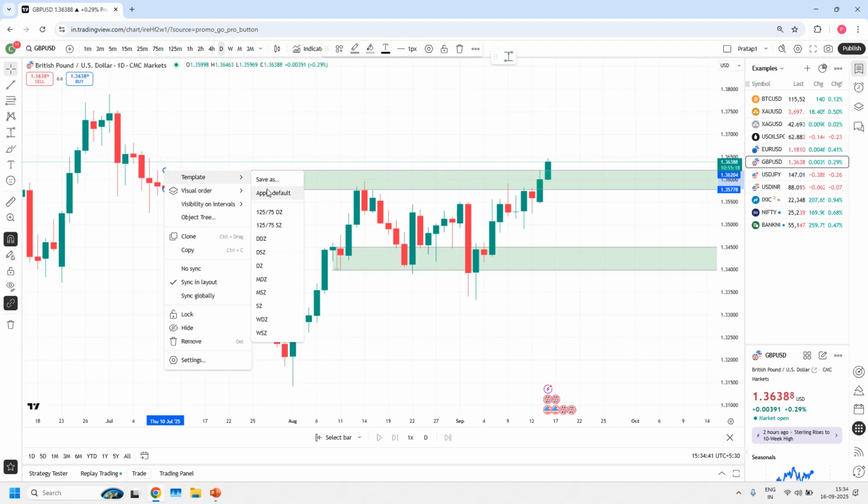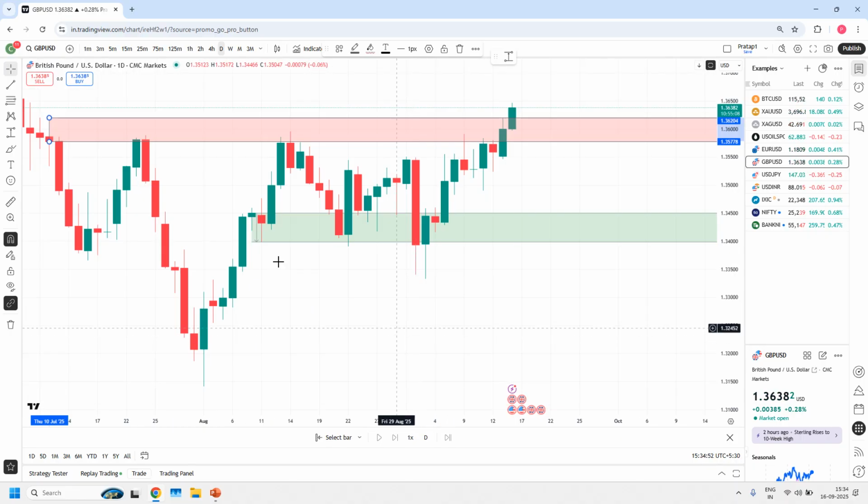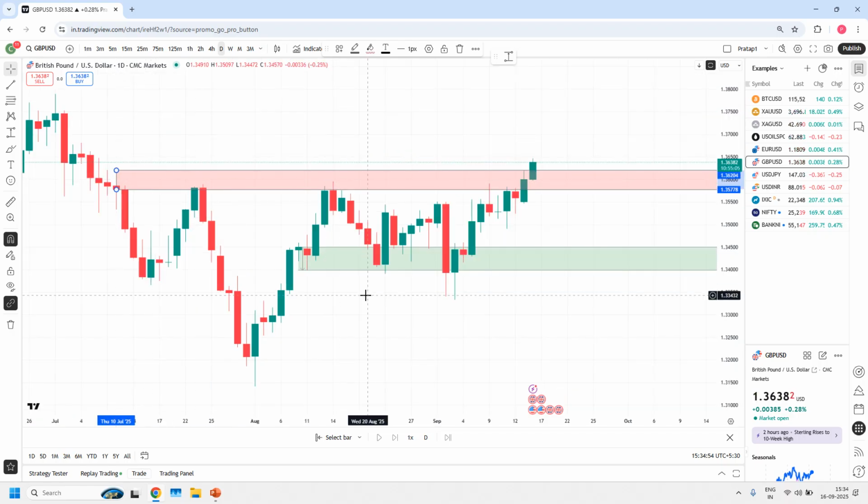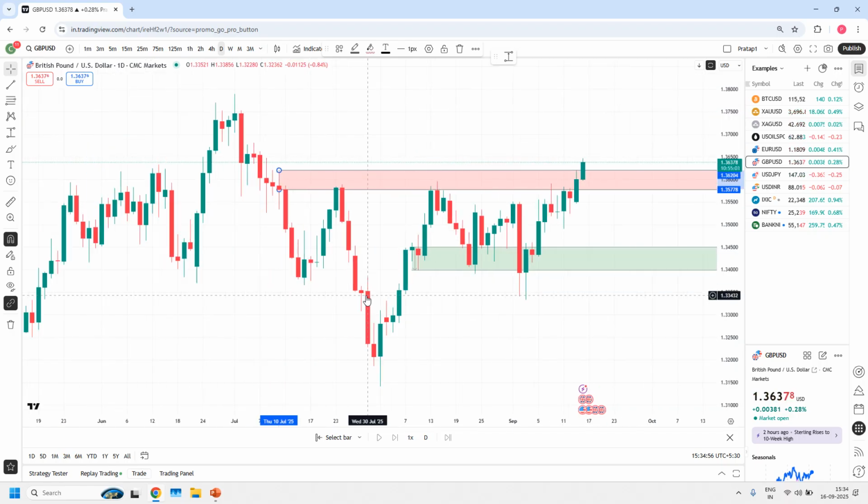This supply zone is not violated by this demand zone. Okay. We have a supply zone. Did the supply zone get the achievement? Yes. Here we have a demand zone that is violated here.